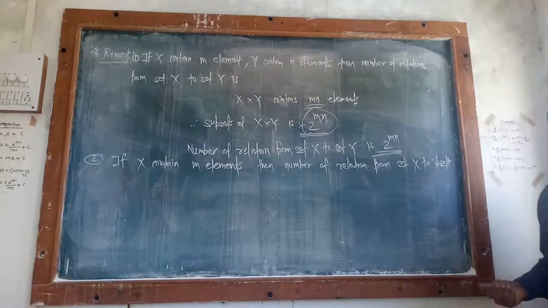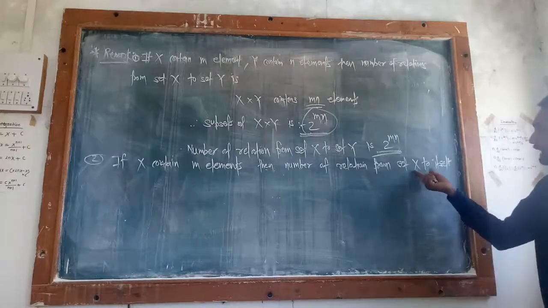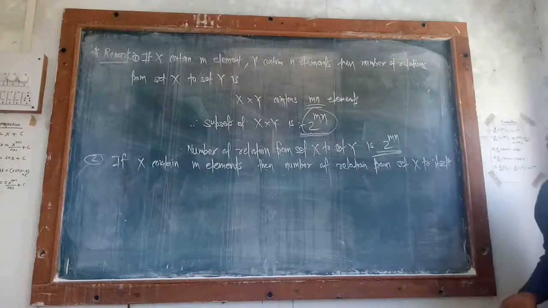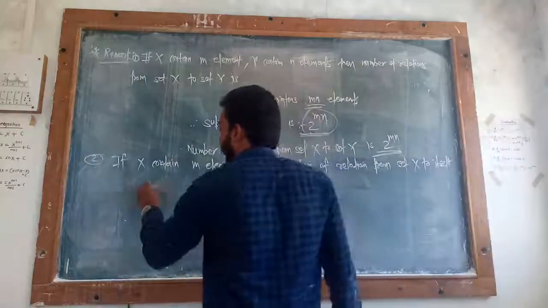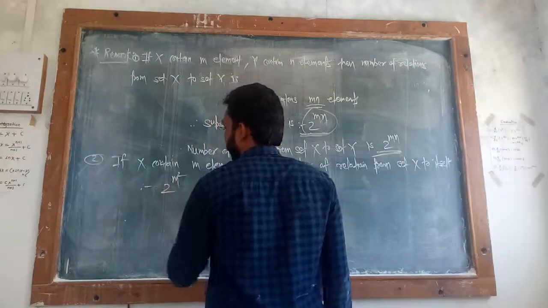That means we have to find the relation from set X to itself. How many relations from set X to itself are there? That is 2 raised to m square.